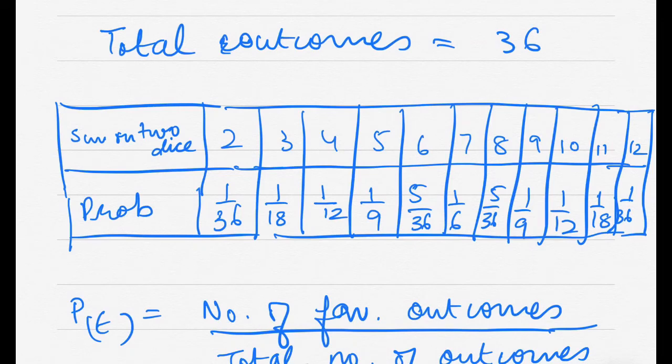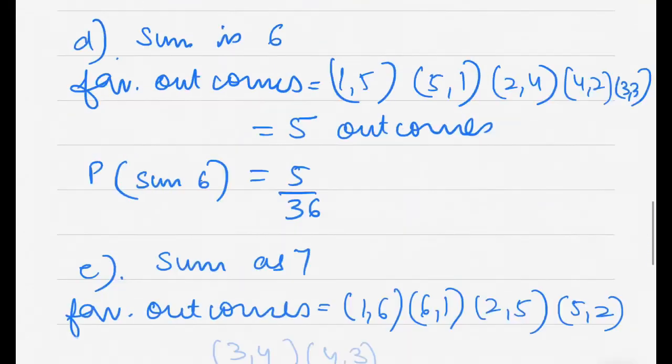We can see from this table that each will not have probability 1 by 11, because the total number of possibilities is 36. So it can't be 1 by 11. So we can see that they do not have equally likely outcomes.